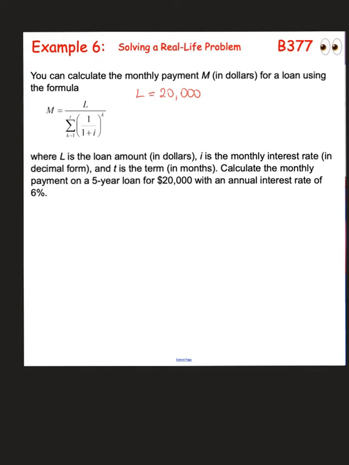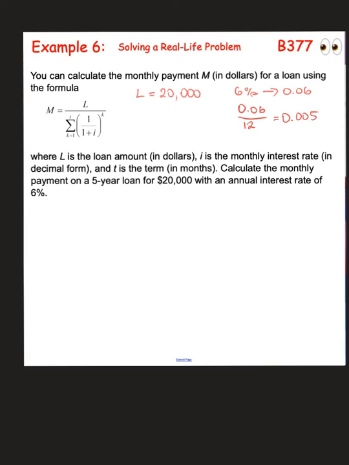We also know that the interest rate is 6%. However, we need the monthly interest rate. So we are going to convert 6% into decimal form, which is 0.06. And to find the monthly rate, we divide this 0.06 by 12, which gives us 0.005.